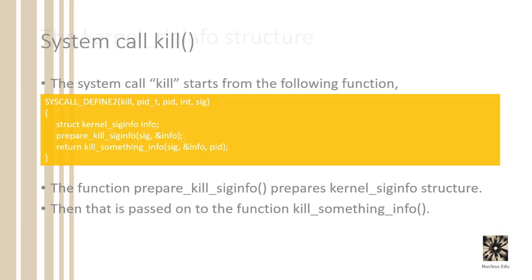So let's stop for a moment and look into this kernel siginfo structure to get a little more understanding. This is the definition. It starts with a macro, and later in the end it has these 4 member variables. The first is si_signo, which stores the signal number. Second is si_errno, which tracks the error number if any error has occurred during the processing of that signal.